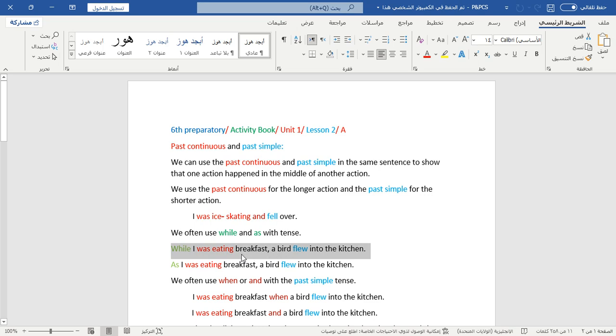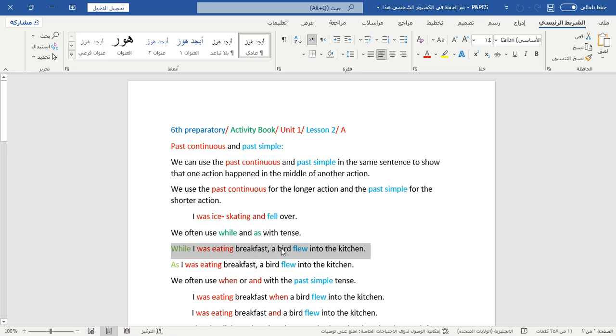And breakfast completes the sentence. Here there is a comma, separating the first and the second part of the sentence. Okay. A bird: as we explained in the previous lecture, before the noun comes an article. Which article here, a, an or the?